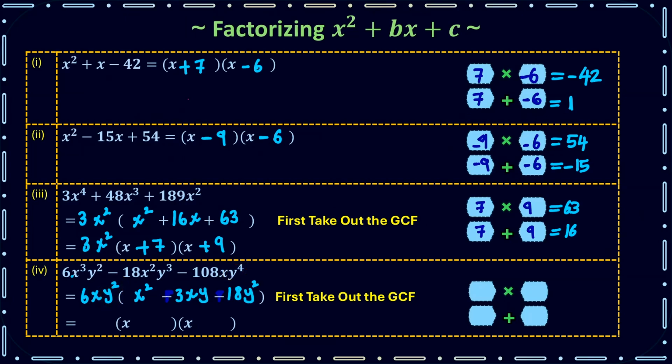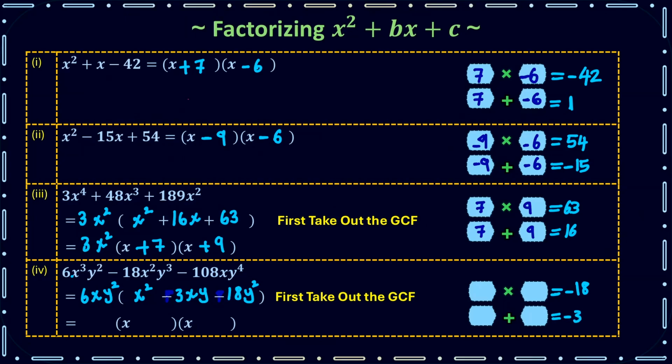And what we have inside the parentheses is a quadratic with leading coefficient of 1. So we're going to be looking for two numbers that multiply to the last coefficient of negative 18 and add up to the middle coefficient of negative 3.